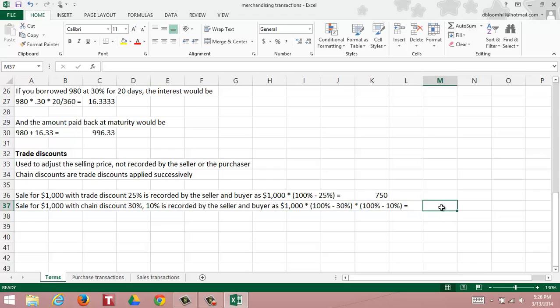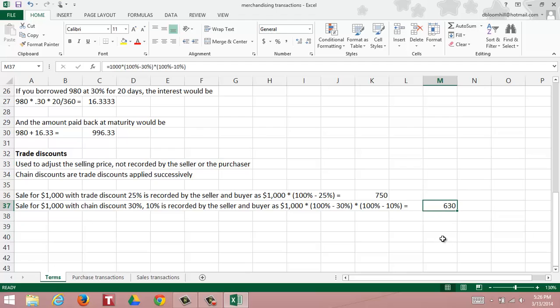So to calculate that, I'd start with the $1,000. I take away the first discount, so I do 100% minus 30%. Then once that is evaluated, I would take 100% minus the 10%, the second discount, and that sale and purchase would be recorded by the seller and the buyer as $630.